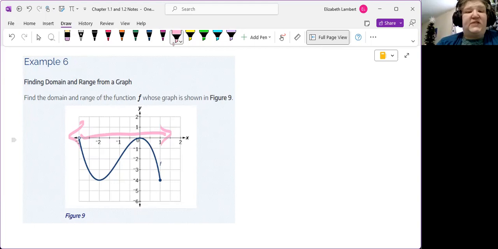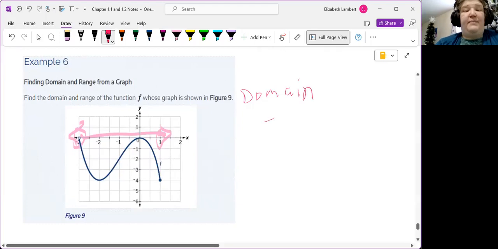What's my smallest x value with a point? It's -3, and then I've got points, and then I stop at 1. So my domain goes from -3 to 1.